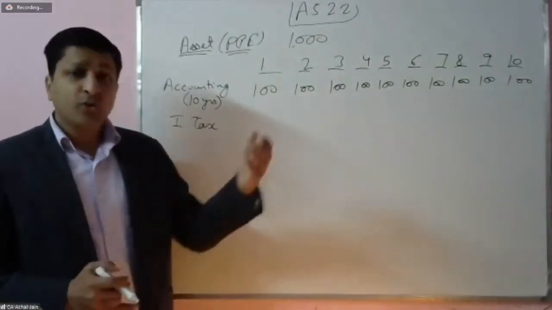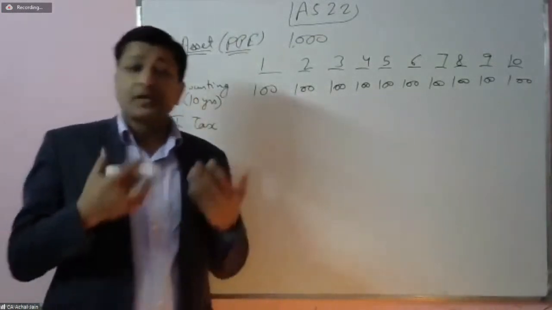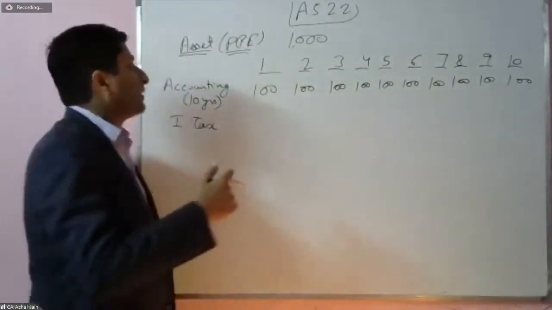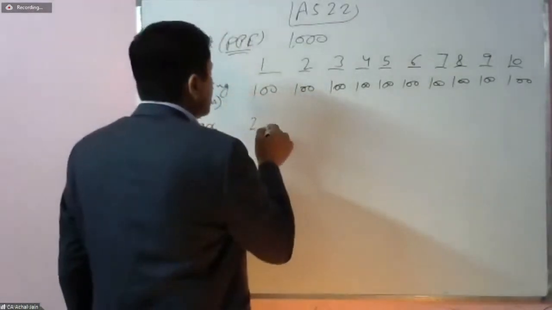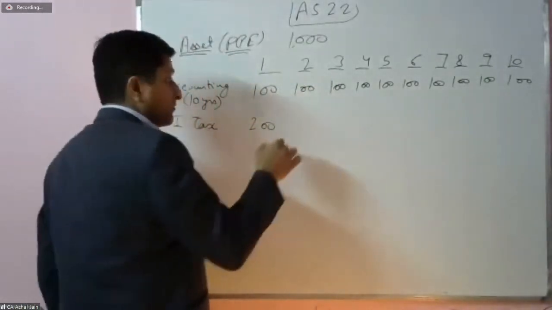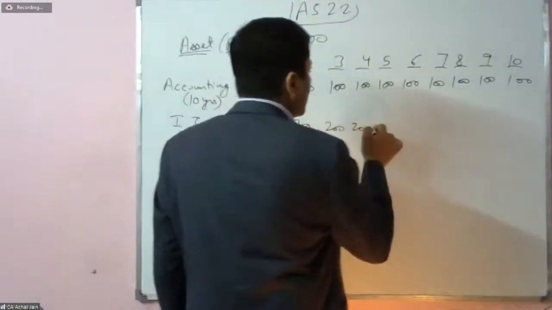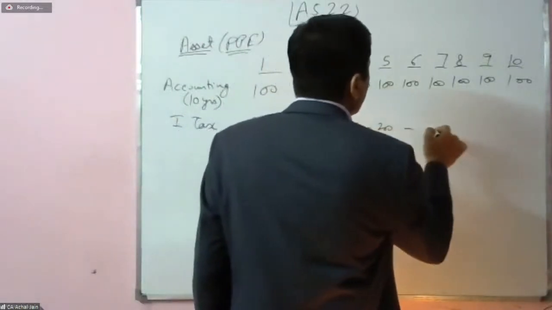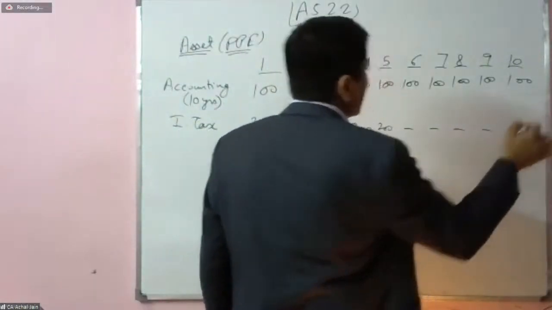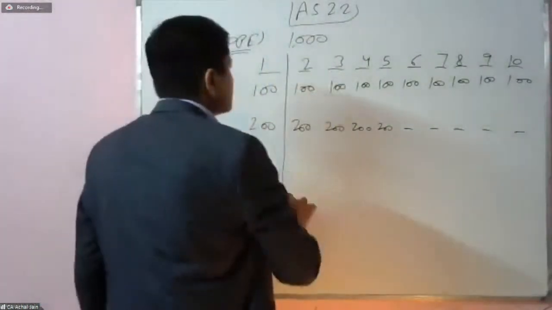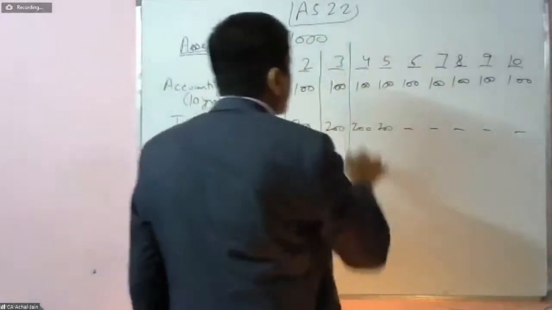Some of you who know the income tax provisions don't think, sir, but the way income tax computes, it's not same. So what will happen? There will be a depreciation charge of 200, then 200, then 200, then 200, then 200, then it will become nil. Correct? So this is how it will work.